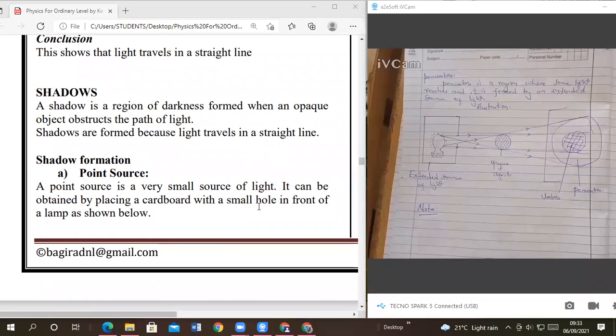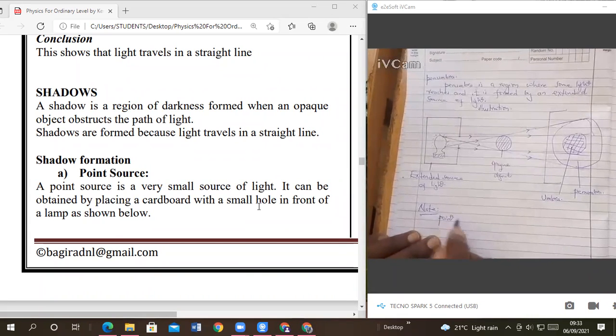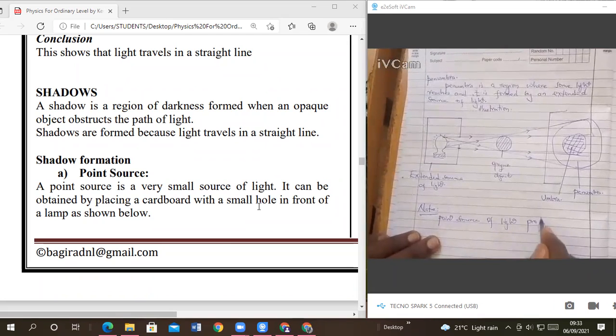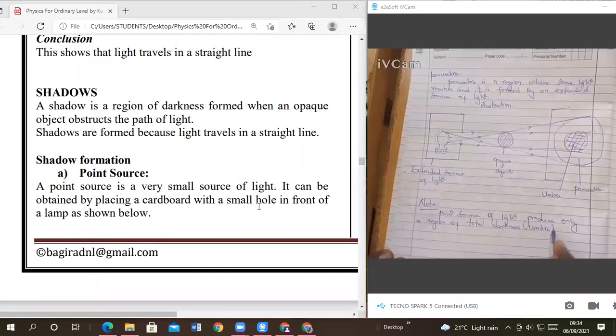Then, we said a point source of light produces only a region of total darkness. And that region we call it umbra.